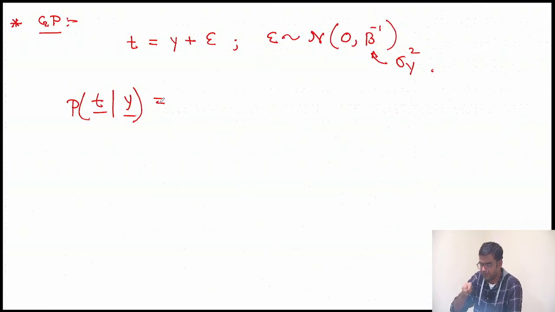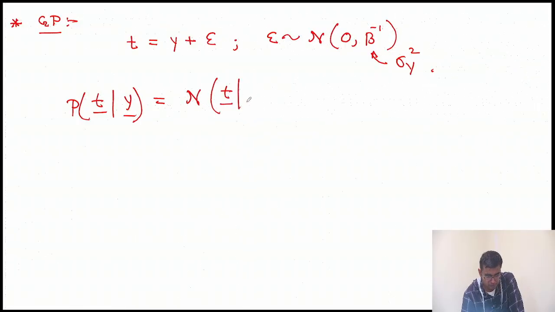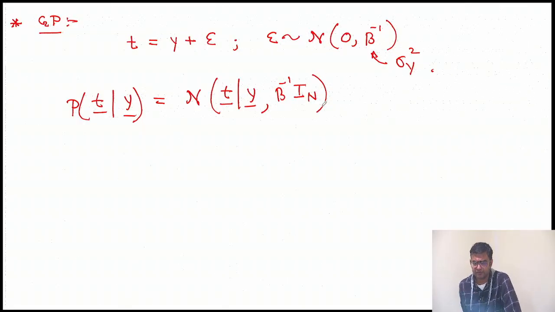So T bar denotes a vector T, which is of dimension n cross 1. And what is the distribution? We know from the last to last lecture that the mean will be y bar, and the covariance will be beta inverse I n, right? Y bar is my mean, this is my covariance.